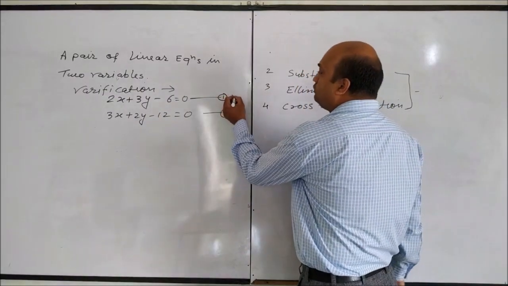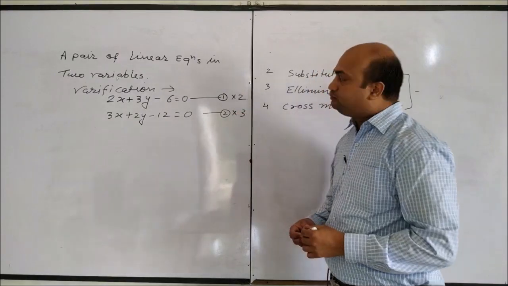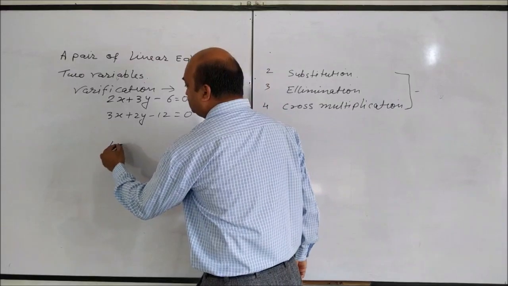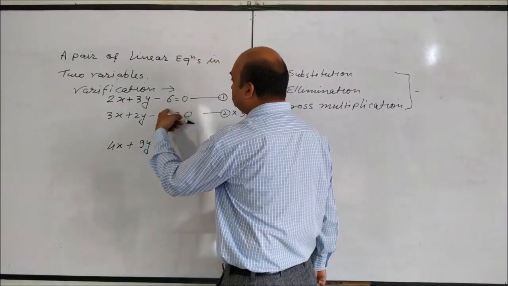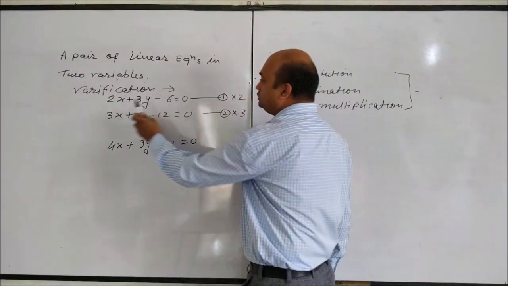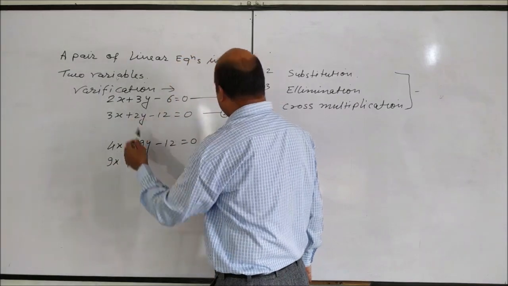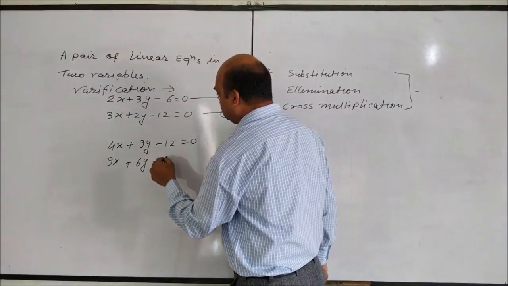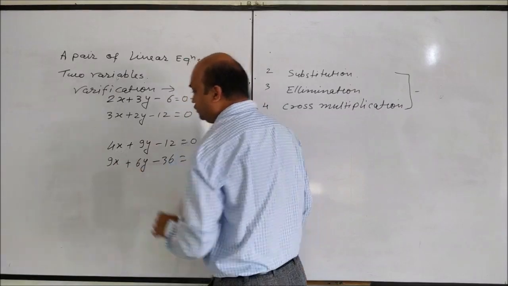So equation 1 we multiply by 2 and equation 2 we multiply by 3. It will be 4x plus 6y minus 12 is equal to 0 and 9x plus 6y minus 36 is equal to 0.